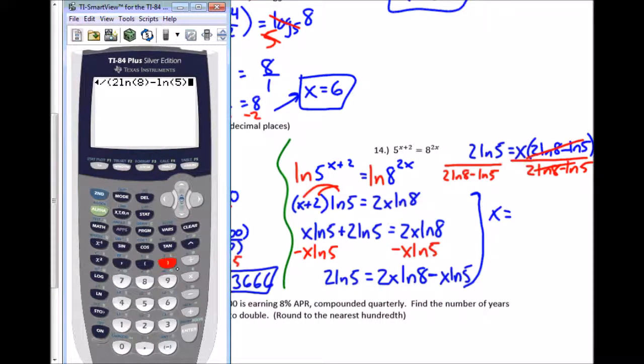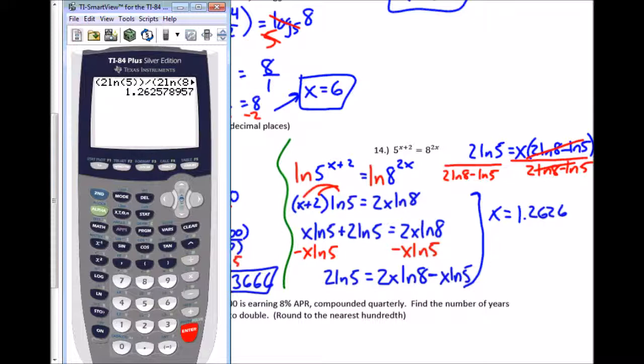And now I have to close the parentheses for my entire denominator, which gives me this. So that's a 1.2626.